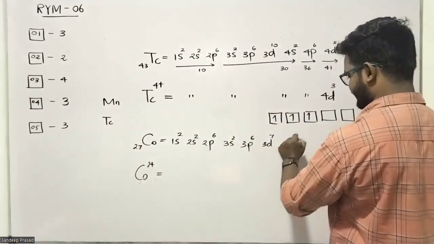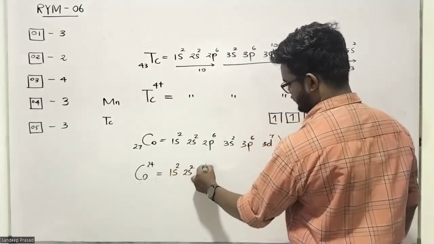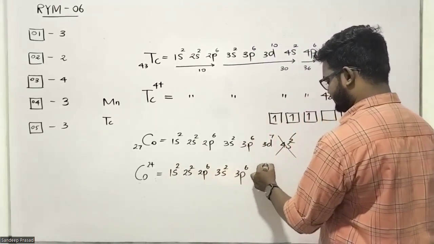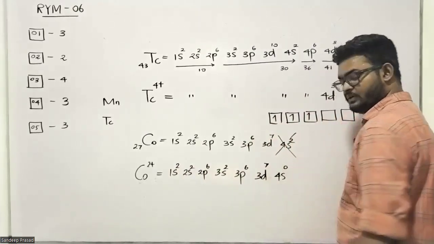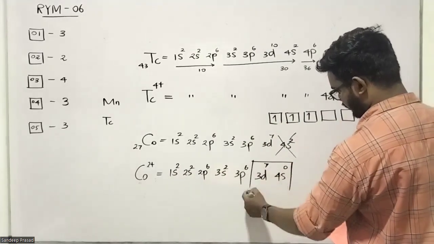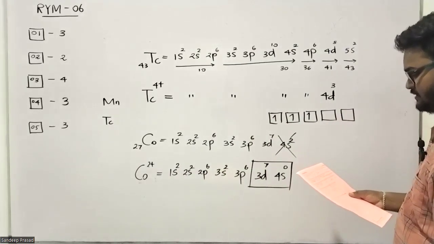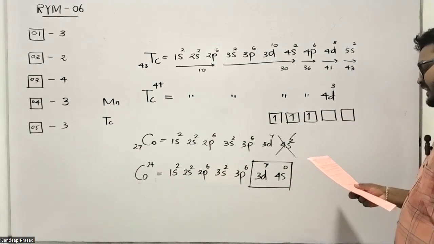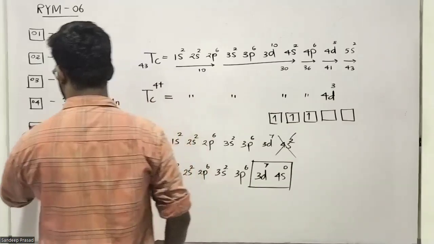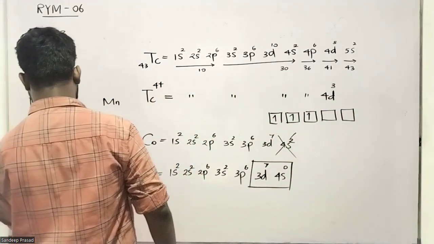So it is removing 2 electrons. Therefore the valence shell configuration is 3d7. The 4s electrons are removed, therefore 4s0. So the configuration is 3d7 or 3d7 4s0. The configuration 3d7 4s0 is given in the third answer. So for question number 6 also, the answer is the third one. See how easy these questions are.